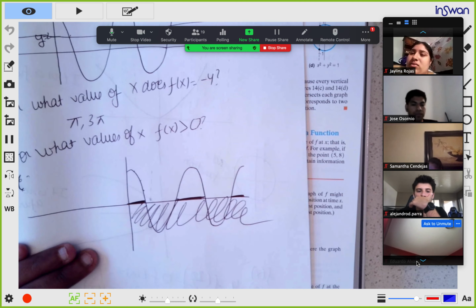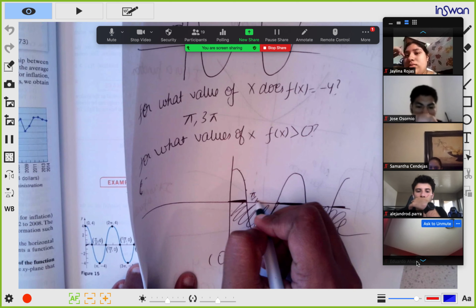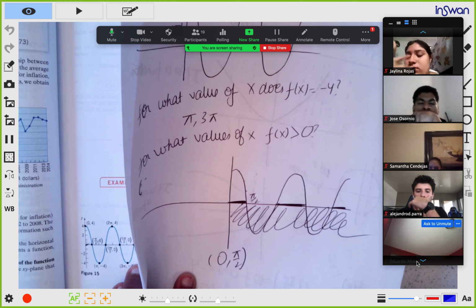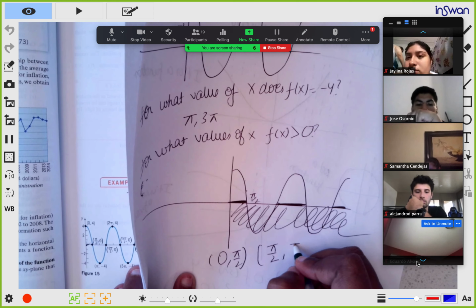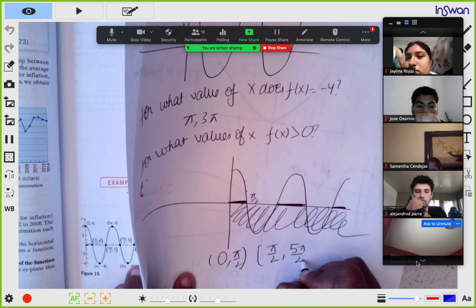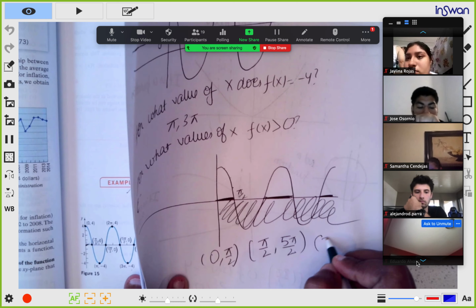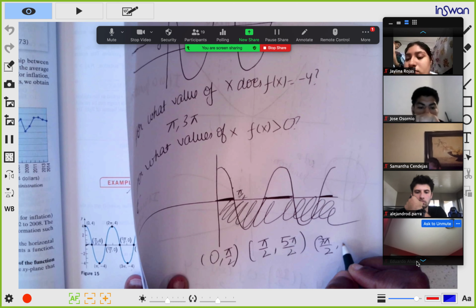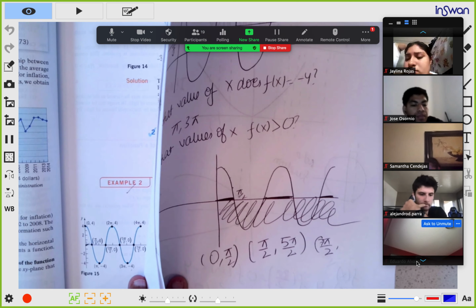So it will be 0 to pi by 2, and then pi by 2 to 5 pi by 2, and then 7 pi by 2 to 4 pi.